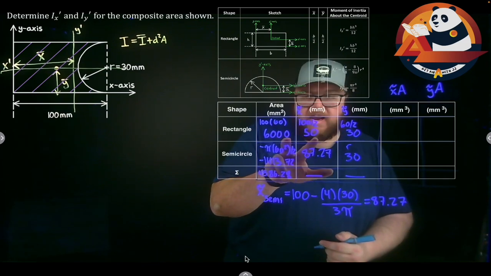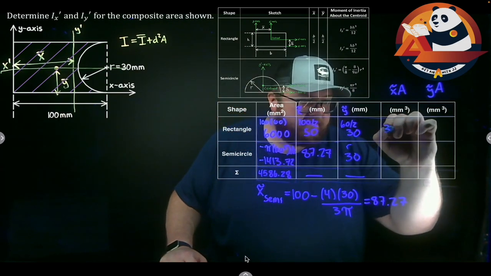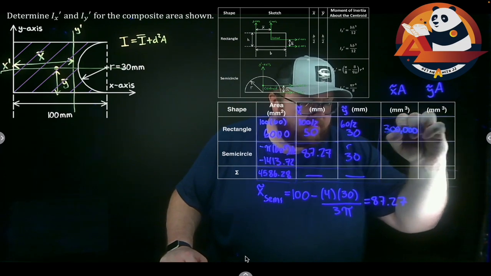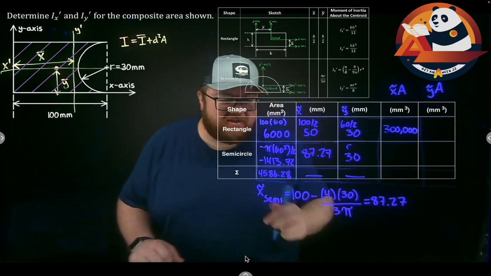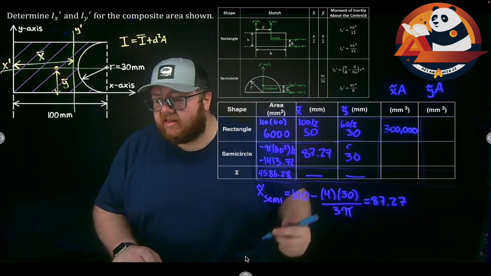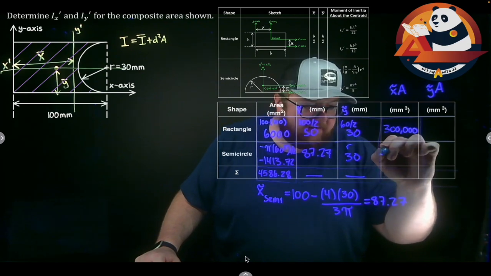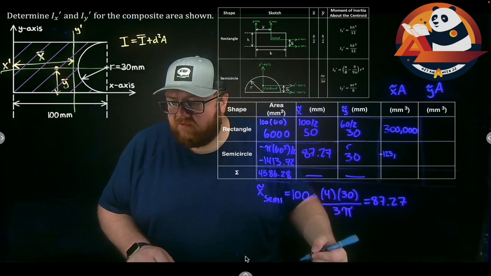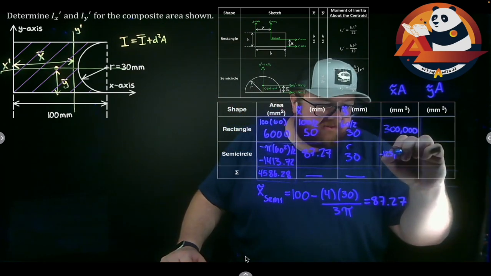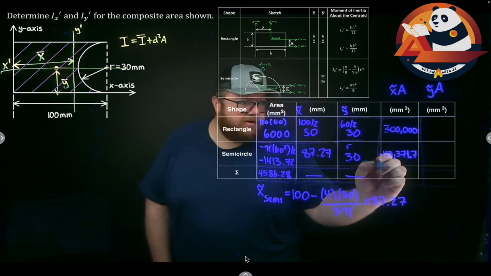So my x tilde a, 6,000 times 50 is 300,000. Negative 1413 times 87.27. Don't forget that negative, carry that in. We're going to get negative 123,371.7. And we do need to add this up.